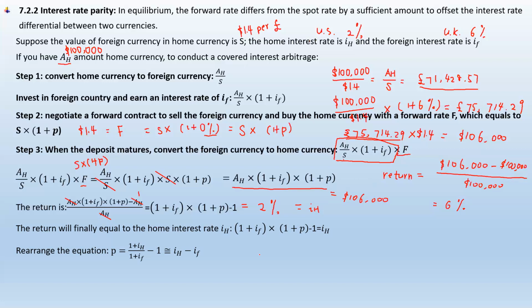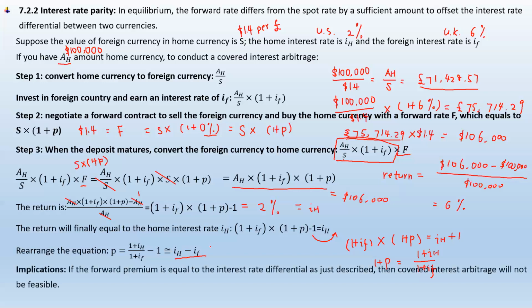Then we can rearrange this formula and move the minus 1 to the right hand side. So it's 1 plus IF times 1 plus P equals IH plus 1. So 1 plus P equals 1 plus IH divided by 1 plus IF. So P equals (1 plus IH) divided by (1 plus IF), minus 1. It's approximately equal to the difference between the two countries' interest rates.